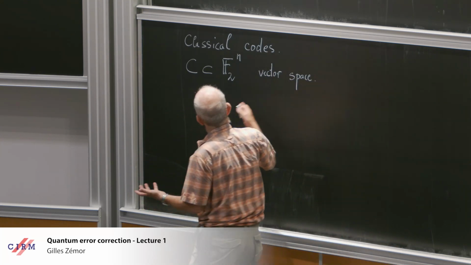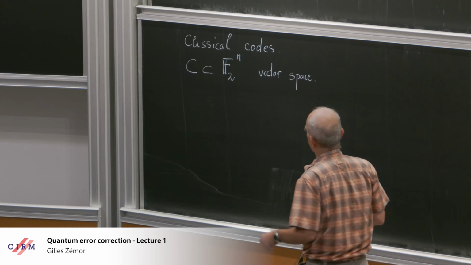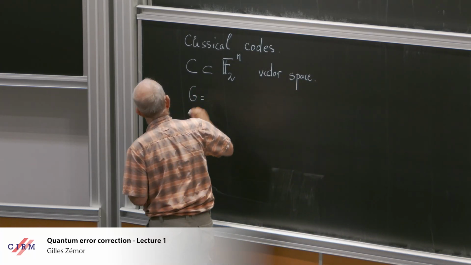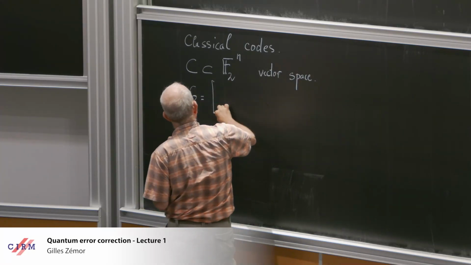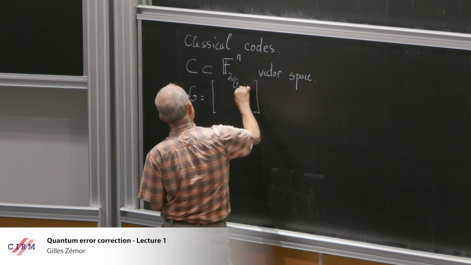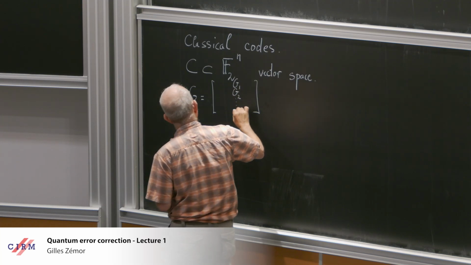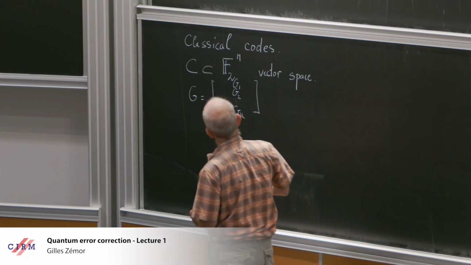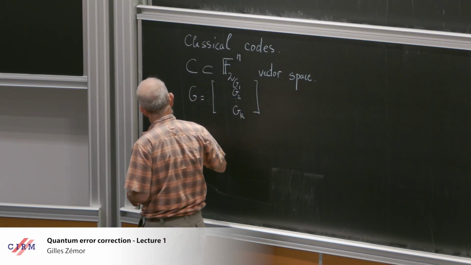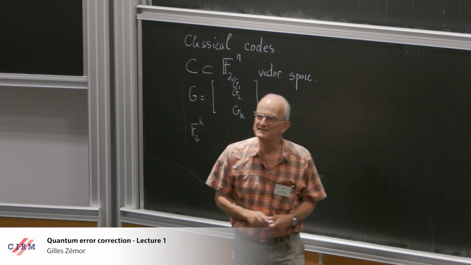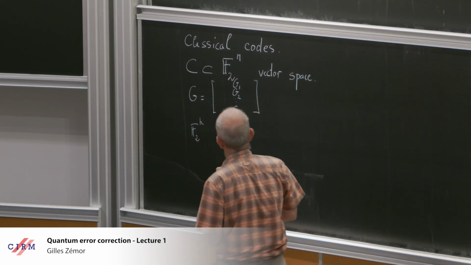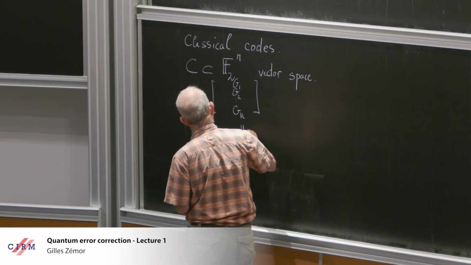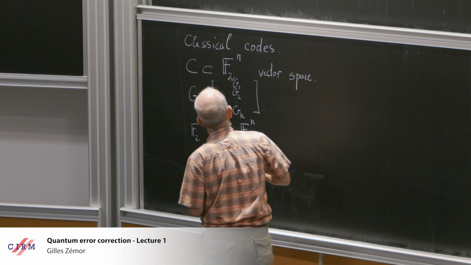So what is the simplest way of thinking about a classical code? How do you encode? You use what is called a generator matrix. So a 0, 1 matrix with rows G1, G2 through to GK, and you encode like this. You take k-tuples of information from F2 to the k, and you embed them in F2 to the n.